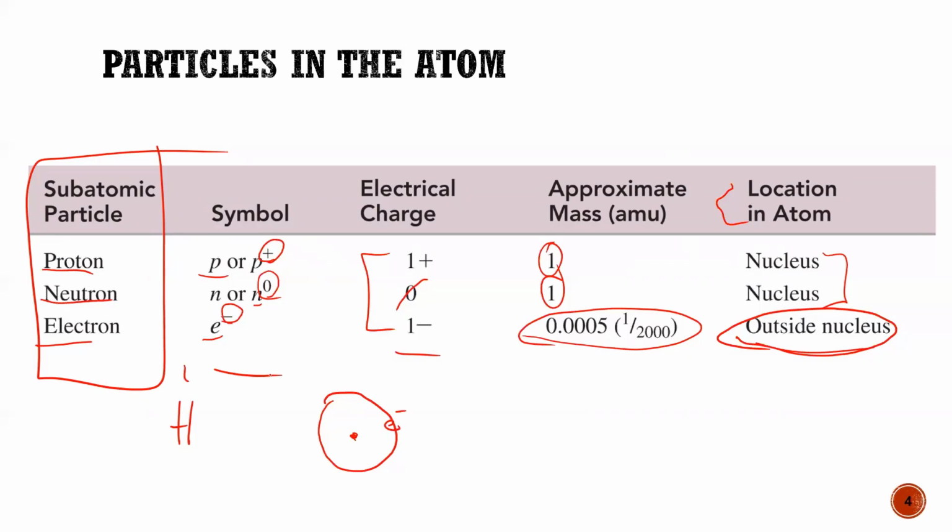The masses of the protons and neutrons are 1 AMU, so the majority of the mass is found in the nucleus, and the electrons are outside the nucleus, and their mass is negligible. I hope these basic concepts make sense. I'm excited to teach you the more complicated concepts with the Bohr model and the quantum mechanical model as we move further in the course.